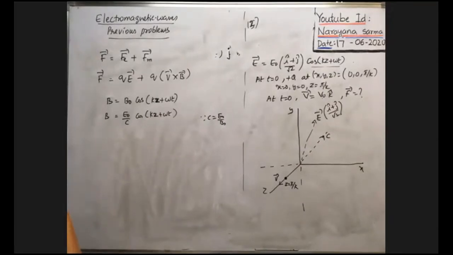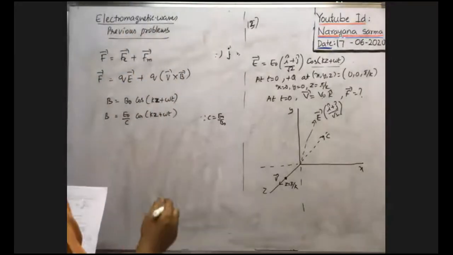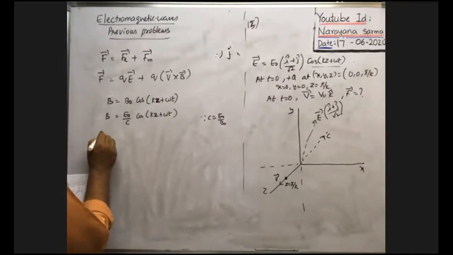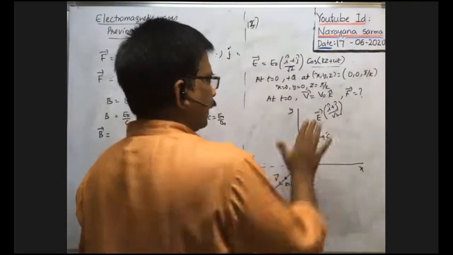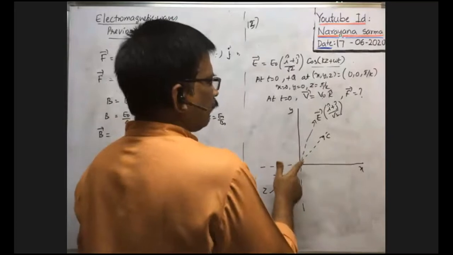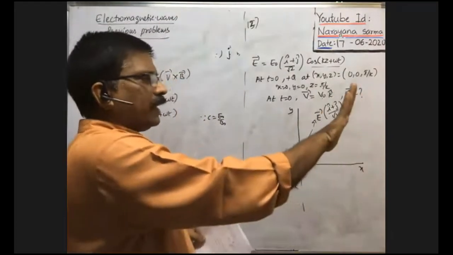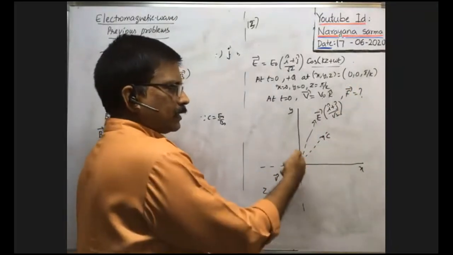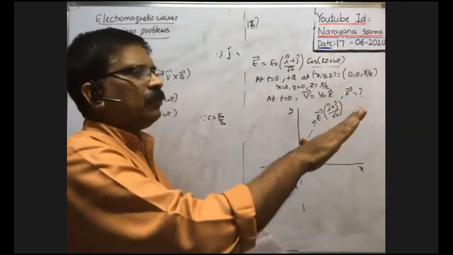How can we write it in vector form? So from this formula, B bar is equal to... therefore, what is the direction of B bar? You see, the electric field is in this direction, and the propagation of the wave is towards the negative z axis. Keep the thumb in this direction, and in the direction of the electric field keep your fingers.